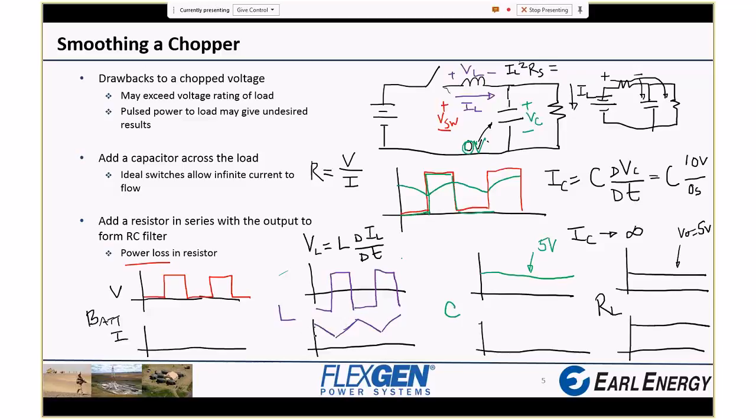So into this node here, you have inductor current coming in, you have load current going out, and capacitor current going out.